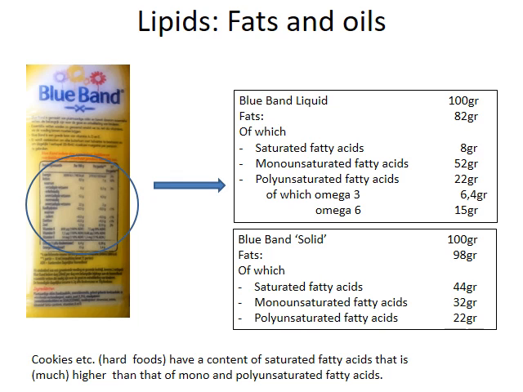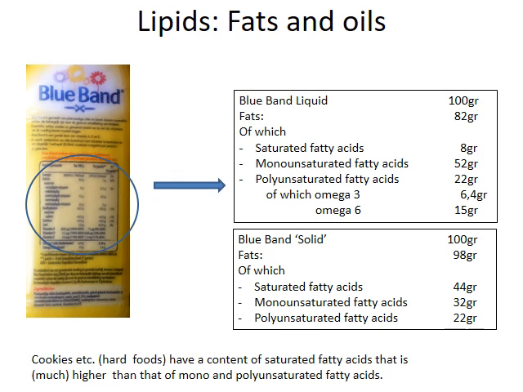When we compare this with Blue Band solid, so the normal butter in the package, you see that the composition is different because there is more saturated fatty acid in it. Instead of 8 grams, we have 44 grams. There are fewer monounsaturated fatty acids and the same amount of polyunsaturated fatty acids. So due to the fact that there are more saturated fatty acids, it becomes solid.